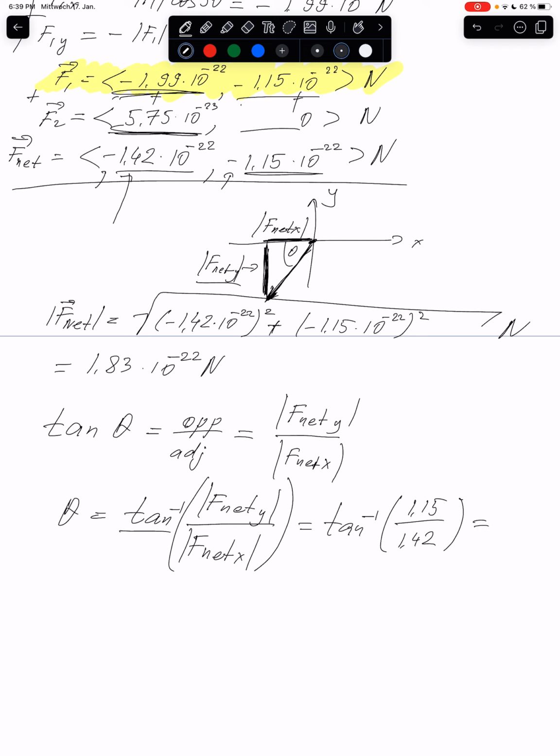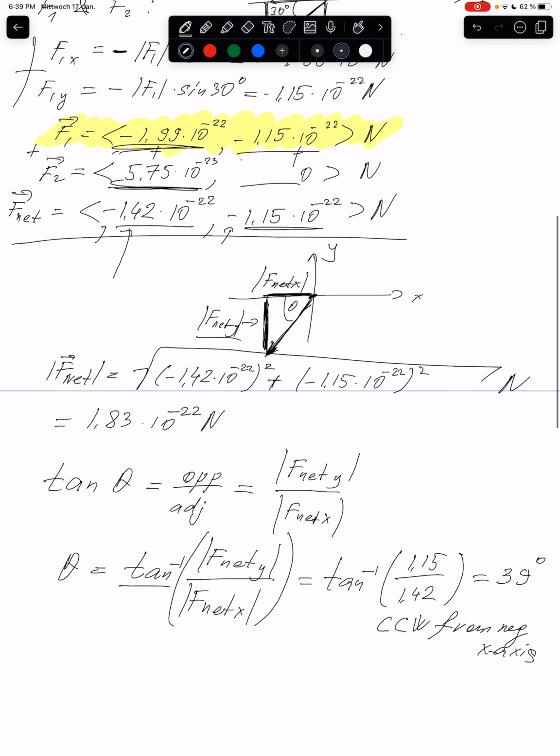Finding the arctangent of this ratio using my calculator, I obtained 39 degrees. When we write the angle, we have to specify in what direction it's counted, and in this case it was counterclockwise from the negative x-axis.